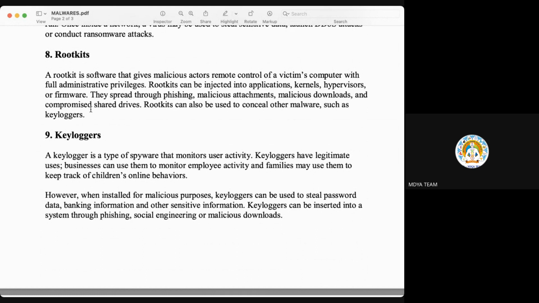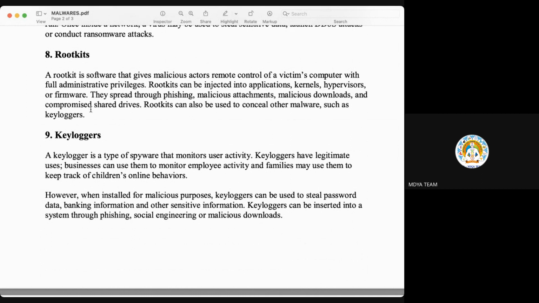Because all these viruses or malwares come through when you download some file from the internet, or when you use some removable media or devices or drives, or some mail attachments are there. If you open it, they automatically come into your system.